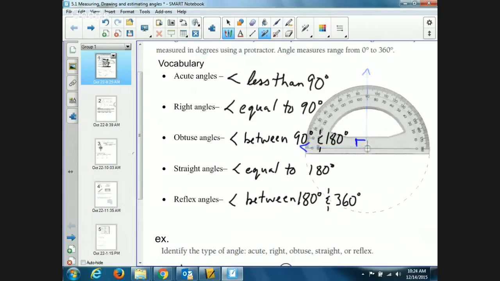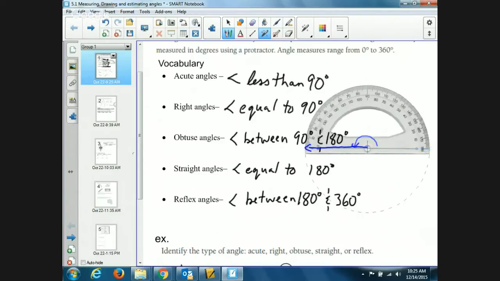Obtuse angles. Well, if I started on the right, an obtuse angle is between 90 and 180. There you go. And a straight angle, that tells you that it's a straight line basically. But if the angle started here at 0 and went all the way over to here, that's a straight angle.